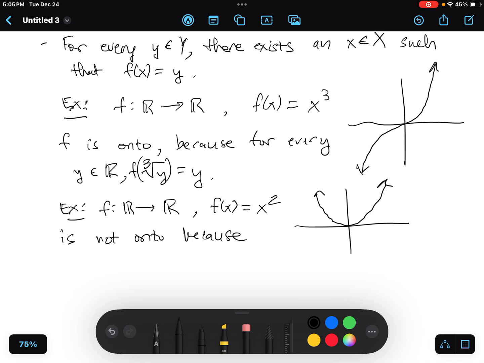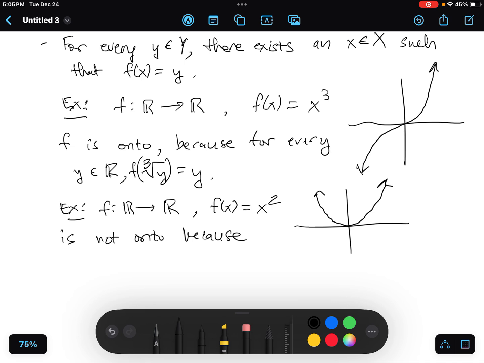If you think of the reals as this target, what numbers are not hit by the function f of x equals x squared? The negative numbers, right? The negative numbers are not obtained.